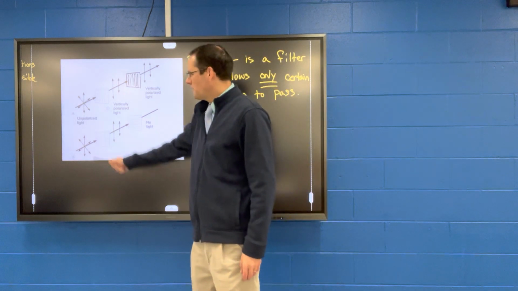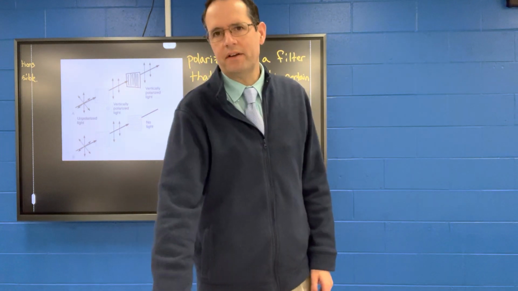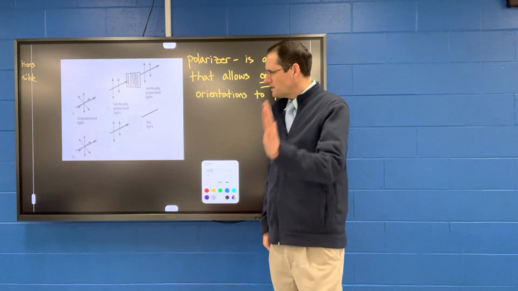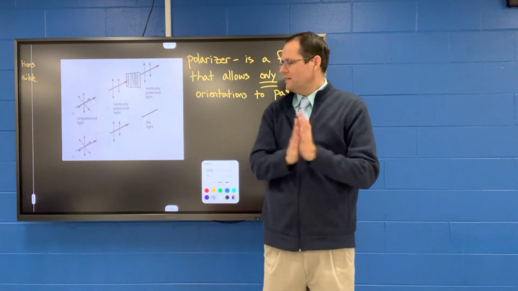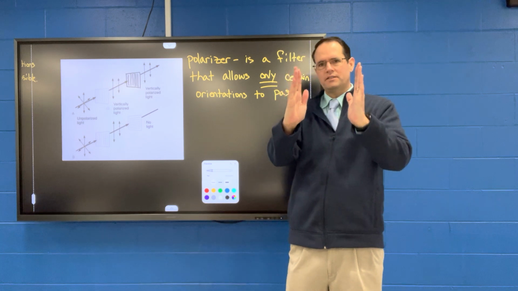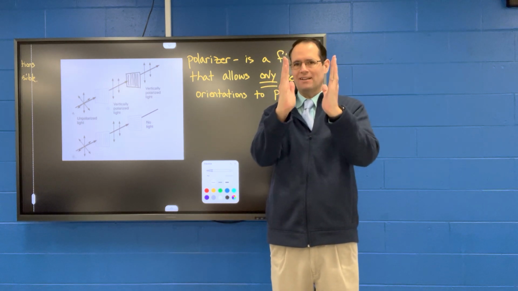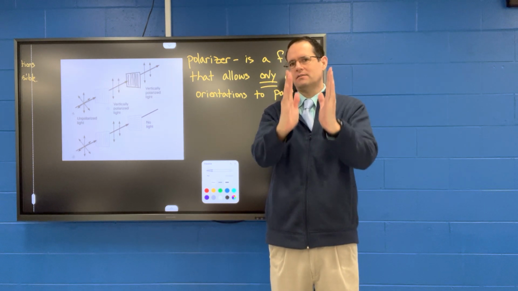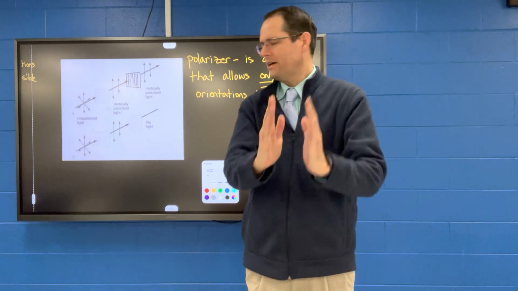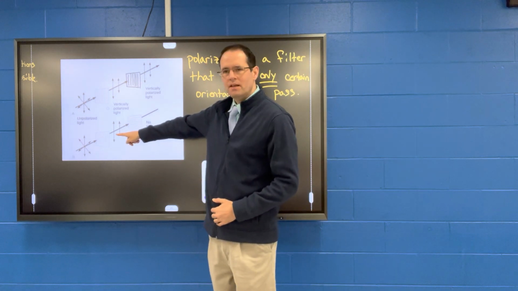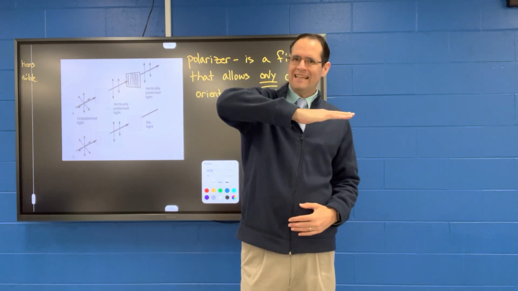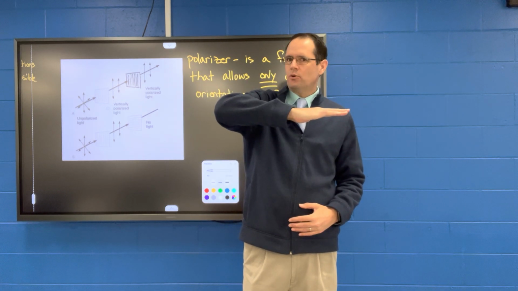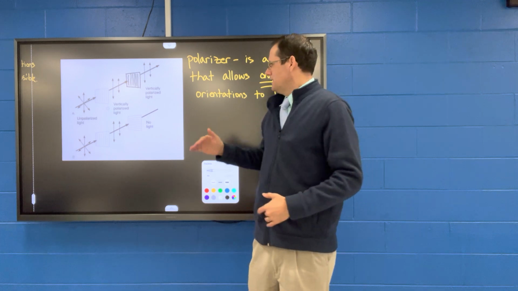Down here, we have two polarizers. It's very interesting, okay? We have unpolarized light coming through at many different orientations. Our first polarizer is going to block out and only allow vertically polarized light to pass through, okay? And that's what you see right here. But then the next polarizer only allows light that's in the horizontal orientation to pass through.